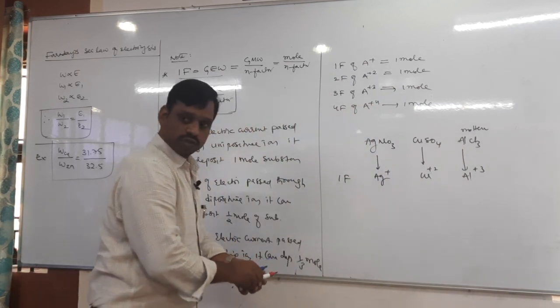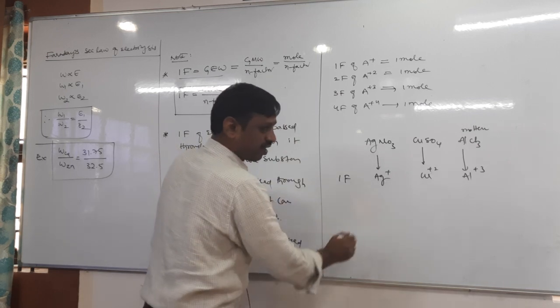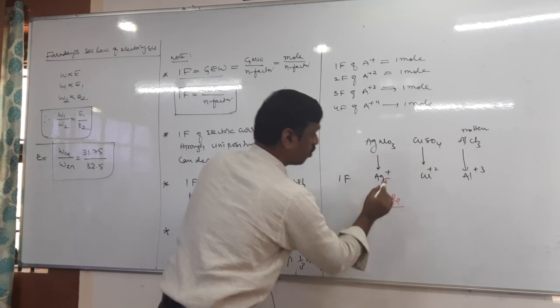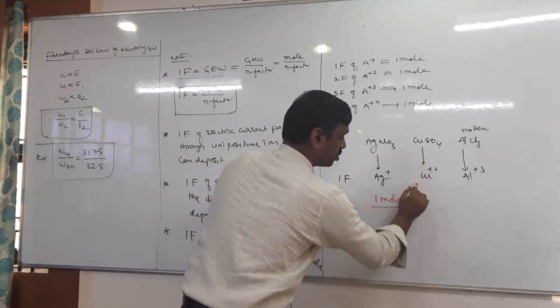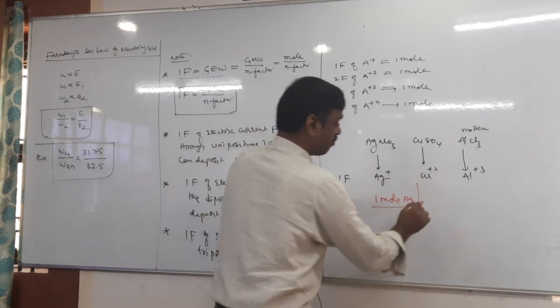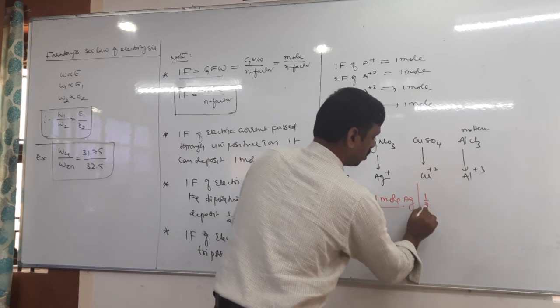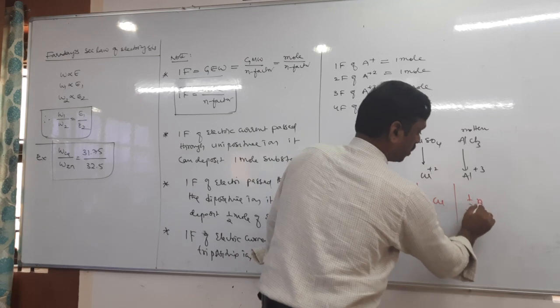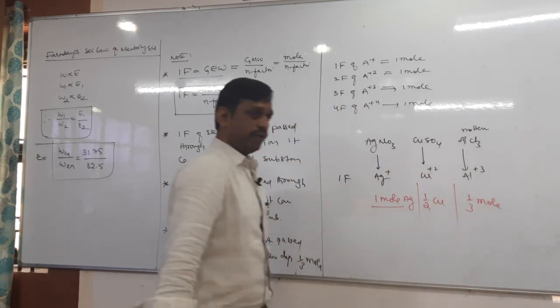So now tell me, for 1 Faraday of electric current: 1 mole of Ag deposited, half mole of copper deposited and 1/3 mole of aluminum.